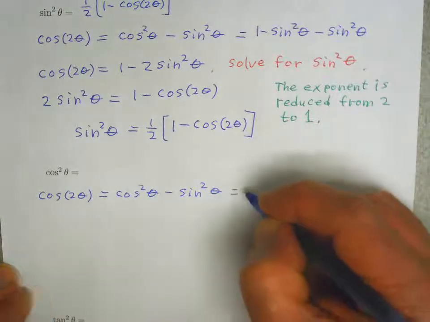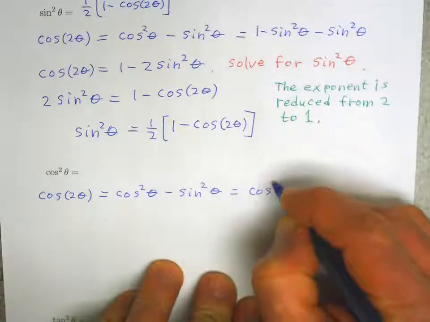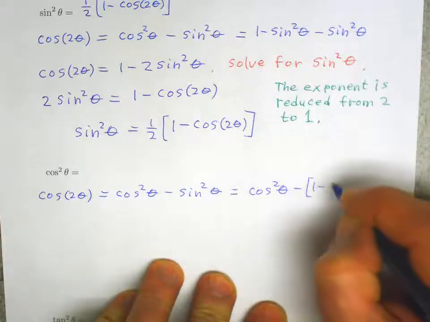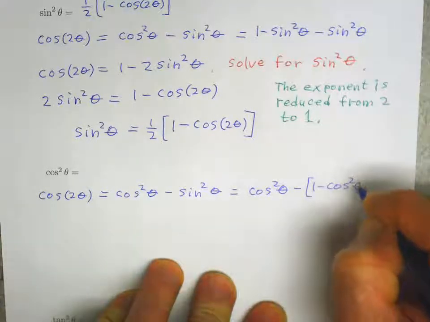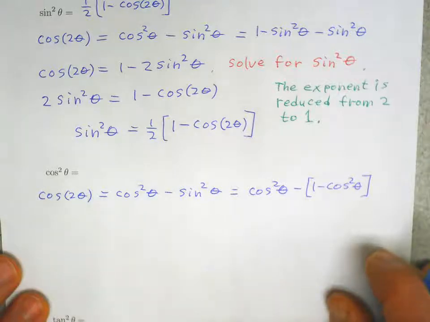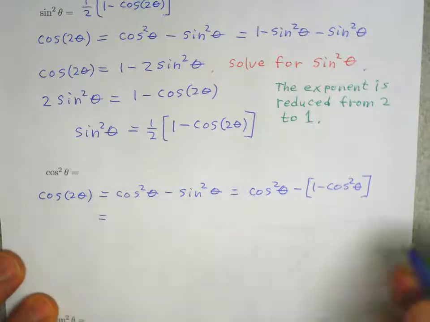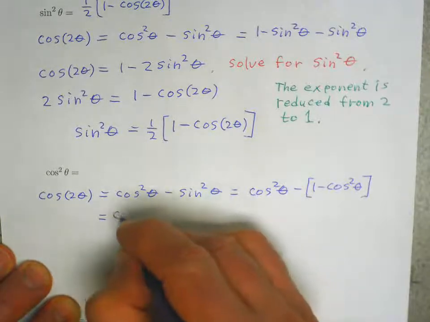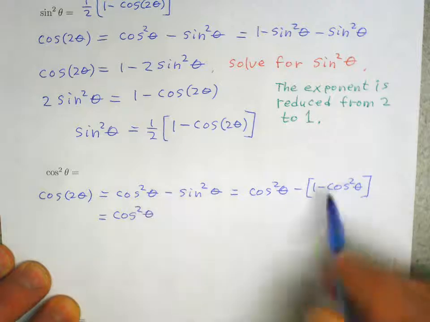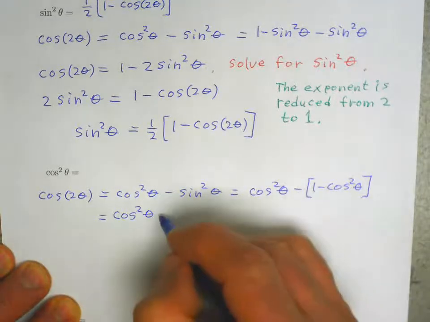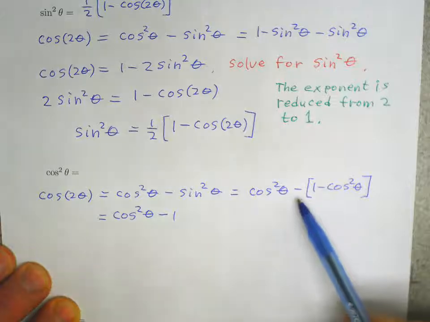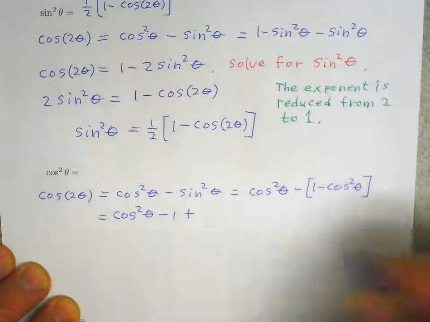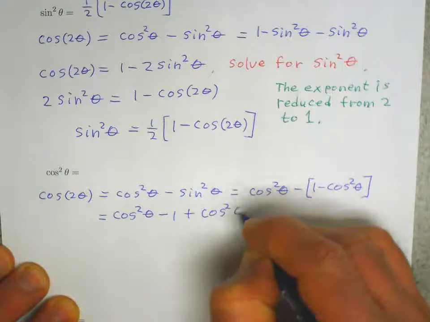So this is cosine of theta squared minus the quantity 1 minus cosine of theta squared. I'll put in an extra arithmetic step here. When we distribute subtraction, we're going to get minus 1. And in effect, we are subtracting negative cosine of theta squared, which is equivalent to adding cosine of theta squared.